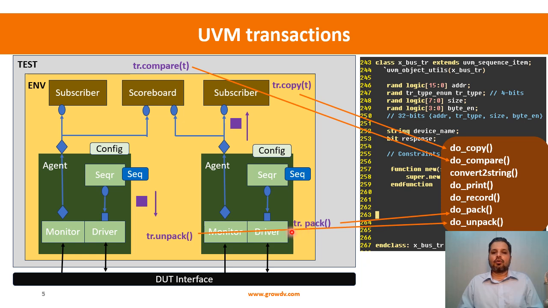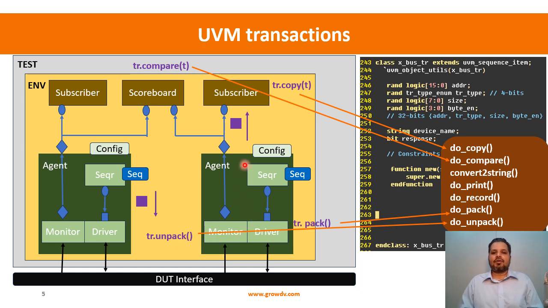So before doing that, it is going to call tr.pack. Okay, and then similarly on the monitor, when we receive the 32-bit bus, let's say I want to unpack it, right? Then I can call tr.unpack, and those fields will get spread out to the individual fields. Okay, so that's what I can do.